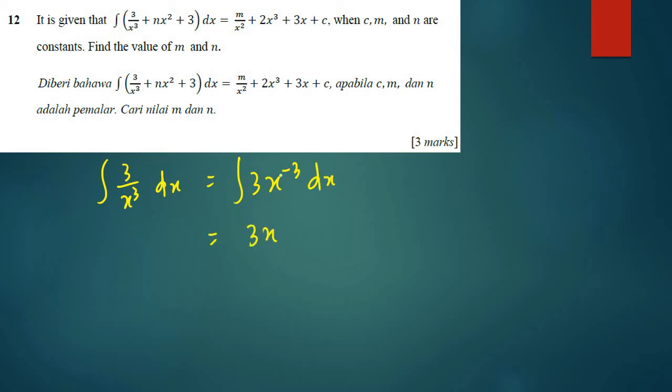So for integration, index plus 1, so it will become x^-2 divided by -2, plus c, right? Okay, so simplify: -3 over 2x squared plus c. So compare with the given, we get m over x squared. Now you can see what is m.